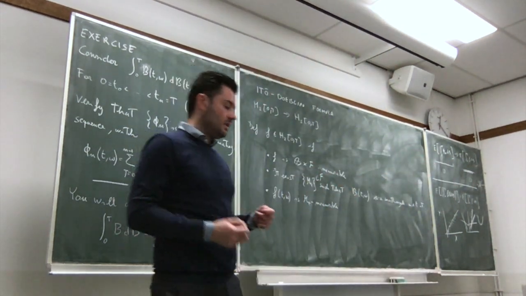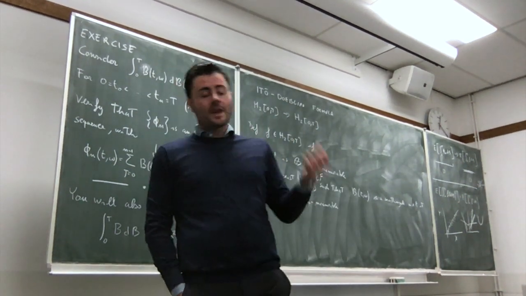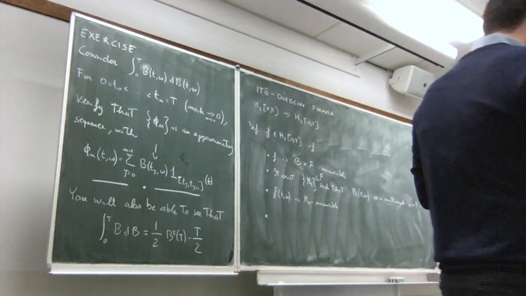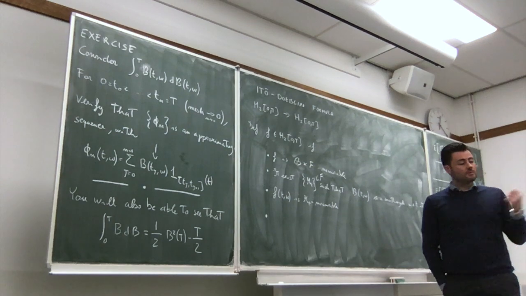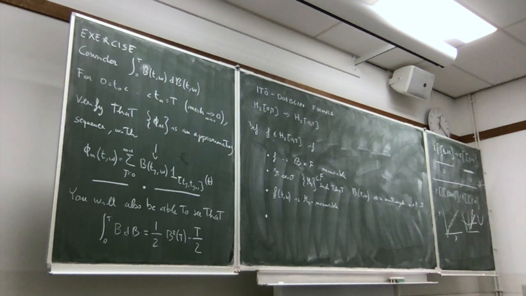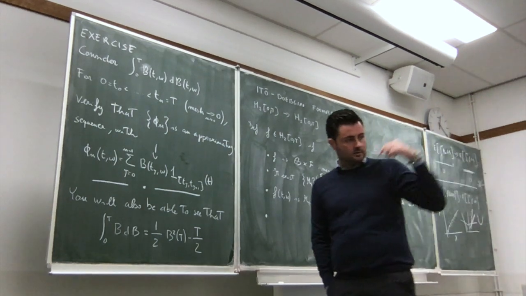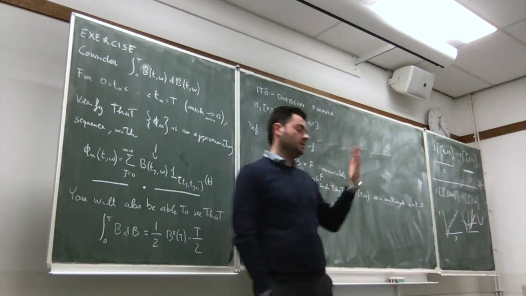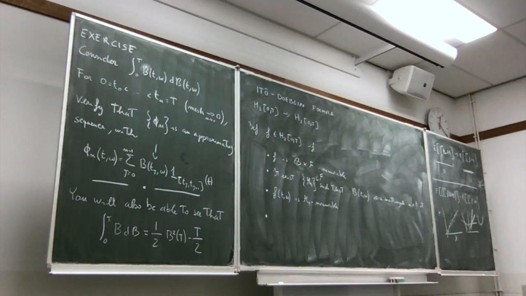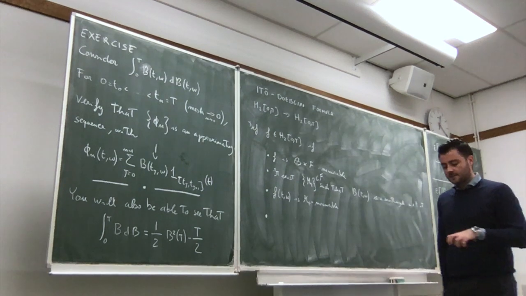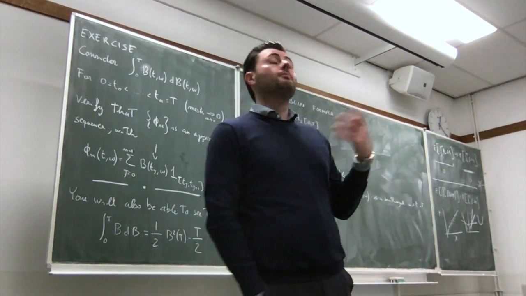Finally, we have a last property. The last property is a relaxation of the property that we saw in the M2 class. You remember we were requiring the finiteness of the expectation of the integral of f squared dt. Here, what we require is a little bit different. We require a condition in probability.